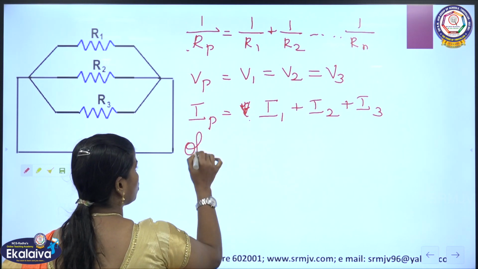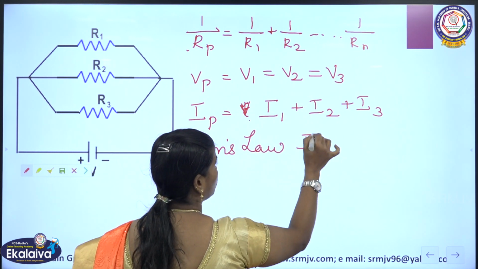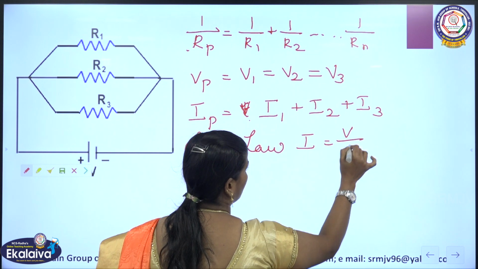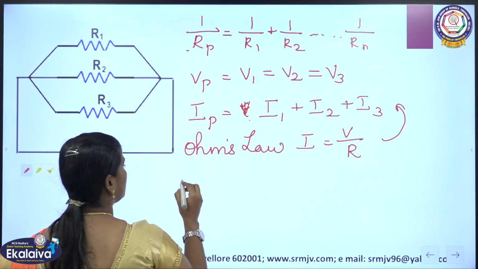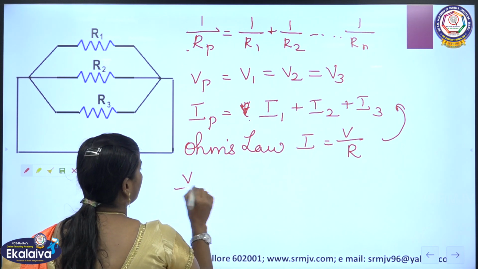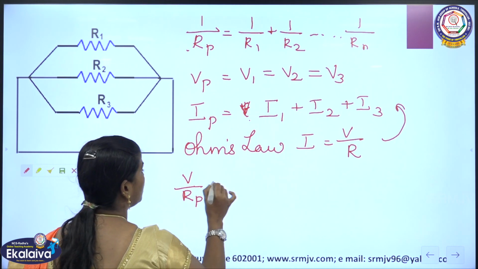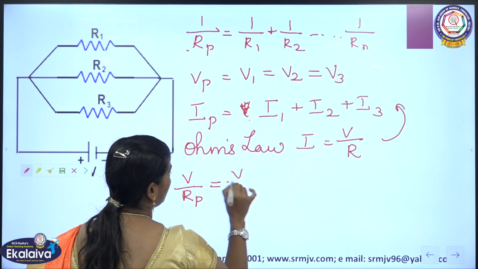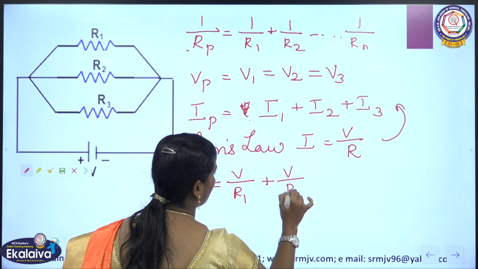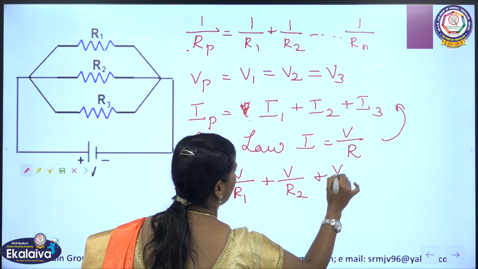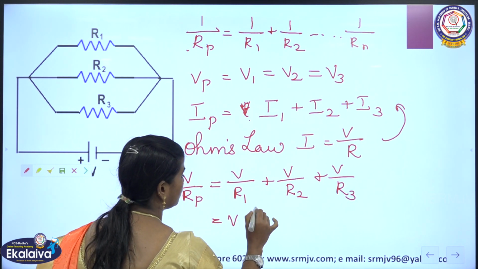According to Ohm's law, I is equal to V by R. We will substitute this in this equation. So V by Rp, where Rp stands for the resistors in parallel, is equal to V by R1 plus V by R2 plus V by R3.